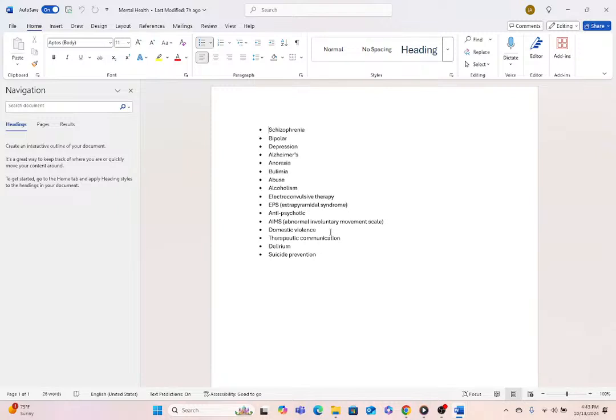Is that clear? Yes or no? Alright, so what if I change this and put this? It's still metabolic alkalosis. Why?